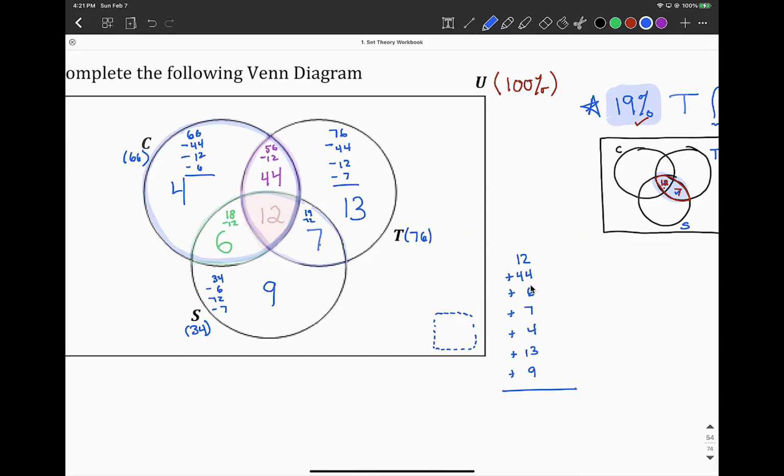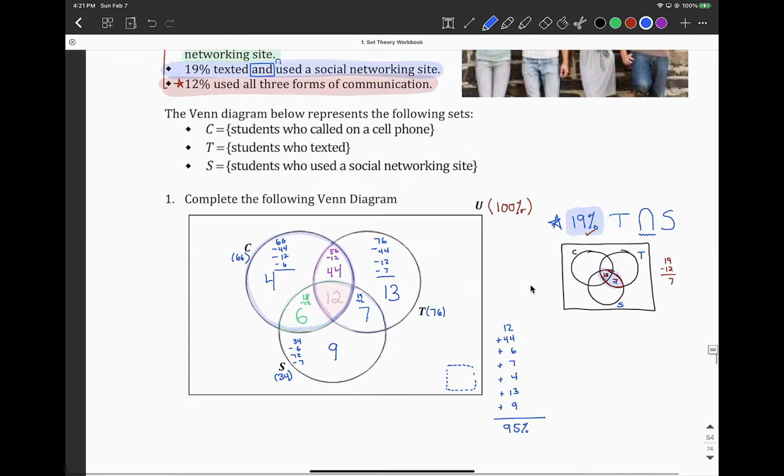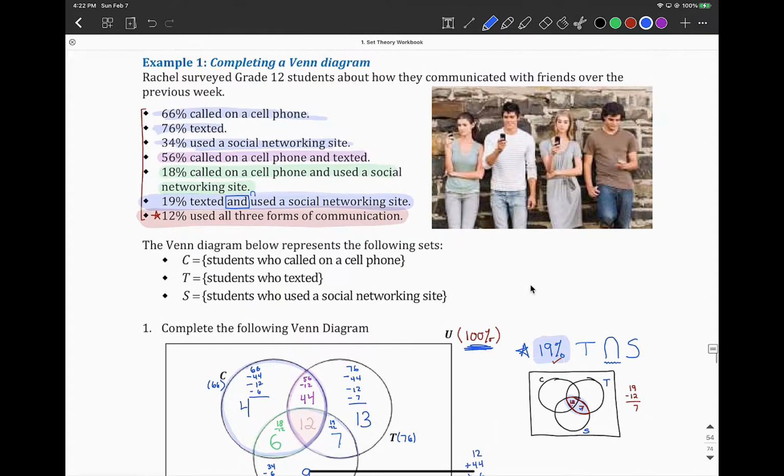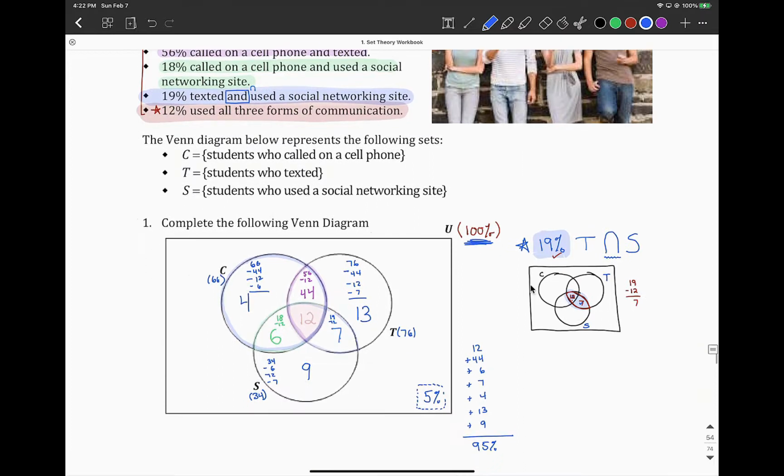And as I go to add up these numbers, let me just grab a calculator so I don't make a mistake. These add up to 95. And so I was right to be suspicious, because to make my universe, there must be 5% of people who did not use a cell phone, who did not text, and they did not use social media over the previous week.